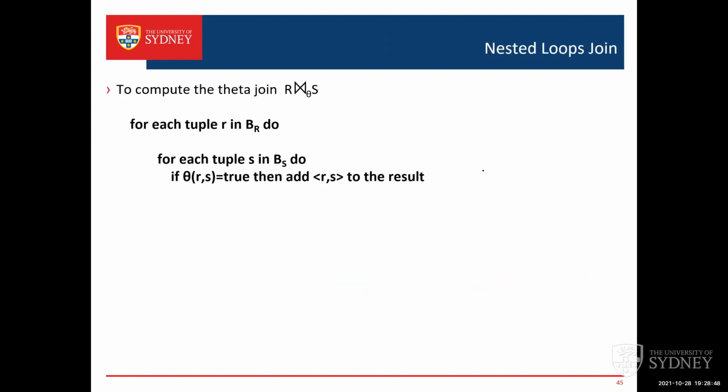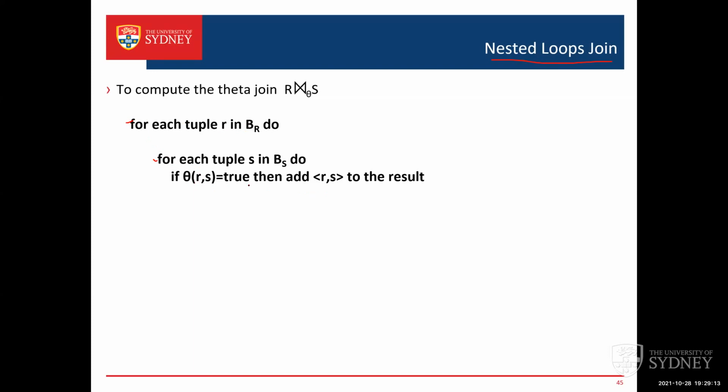So that's the first thing, nested loop join. Nested loop join says for each tuple, meaning each row R in BR, where BR means the pages where I have the table R, and for each tuple S from BS, take one from here and compare.